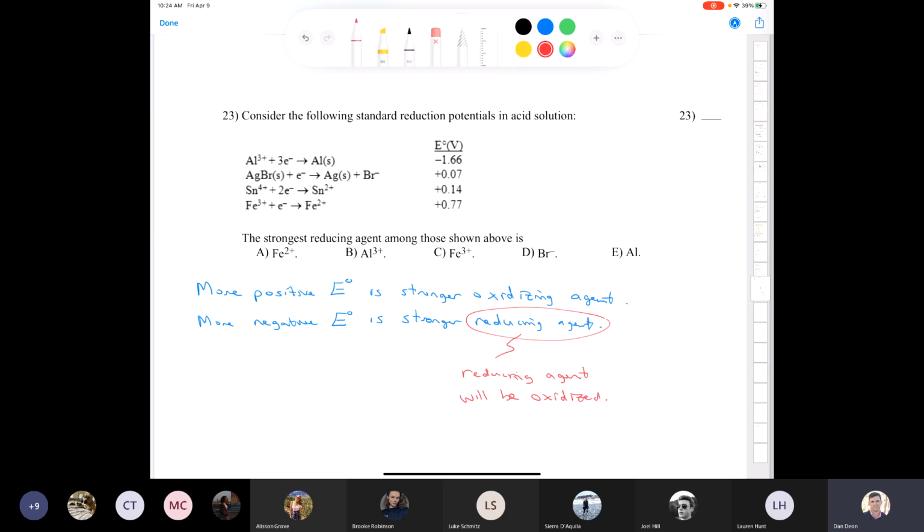And the reason I'm putting that in there is because you might just say, well, if I look at this one, it's got the lowest standard reduction potential, therefore it's aluminum 3 plus ion. No, because if it's causing reduction to occur, it's going to be oxidized. So the reaction is going to be going in this direction. It's solid aluminum that gets oxidized and thus in turn affects the reduction. Okay, there we go. So the answer is the solid aluminum, E.